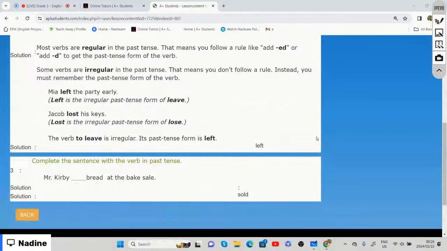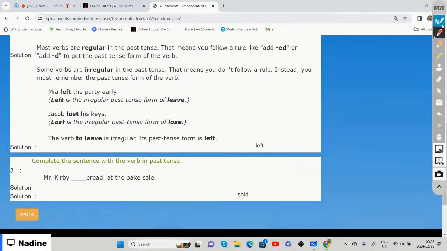Mr. Kirby, do we say sell bread at the bake sale, or Mr. Kirby sold bread at the bake sale?